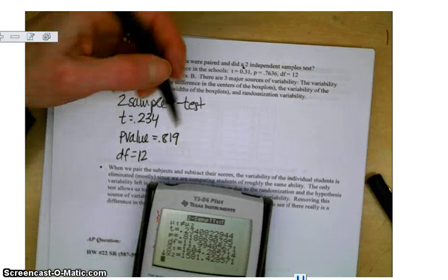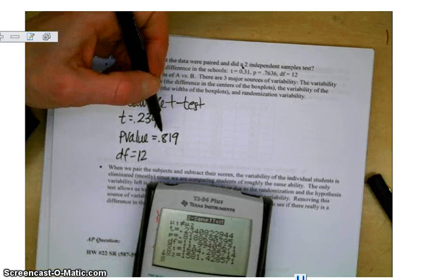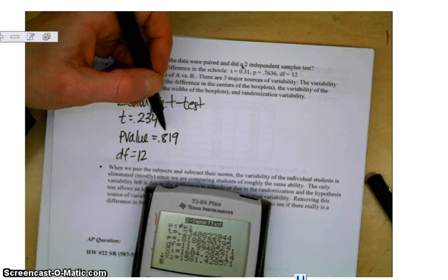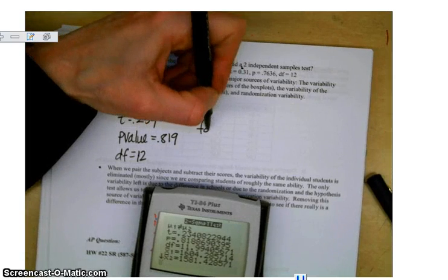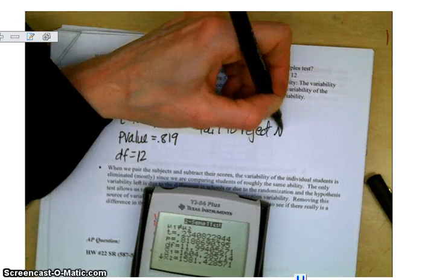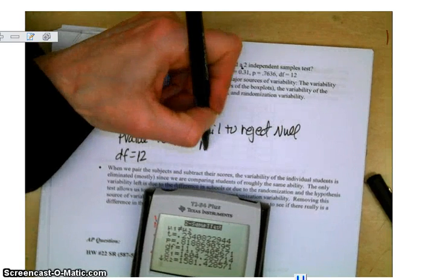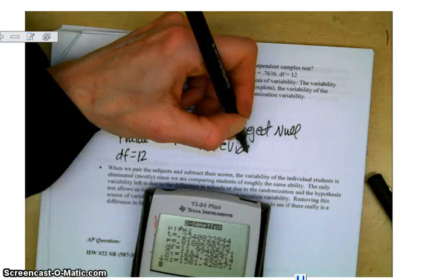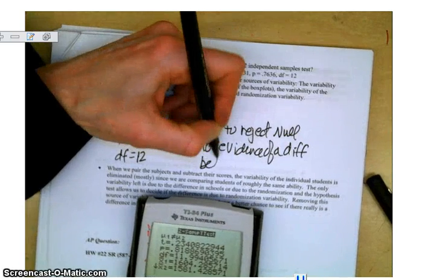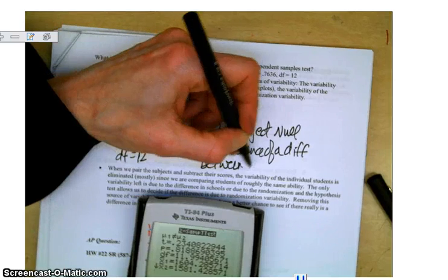So in this case, my p-value would be way greater than alpha, and so I would fail to reject the null and say there is no difference. I would fail to reject the null: not evidence of a difference between the schools.